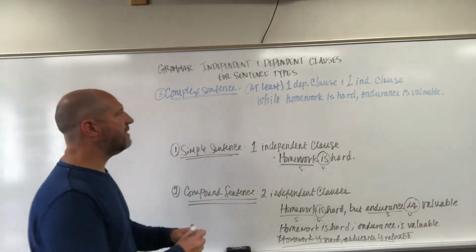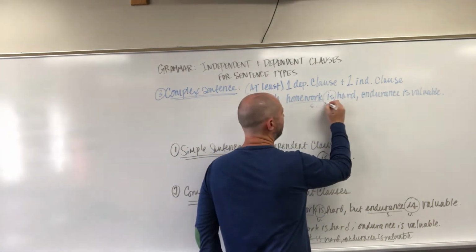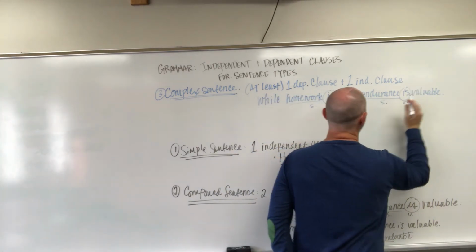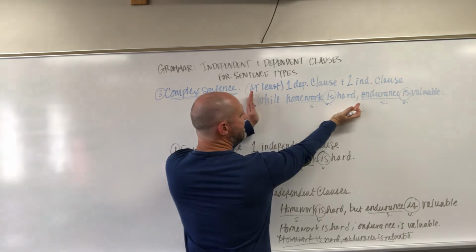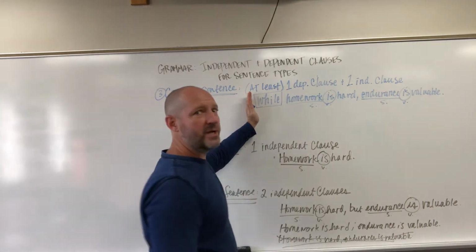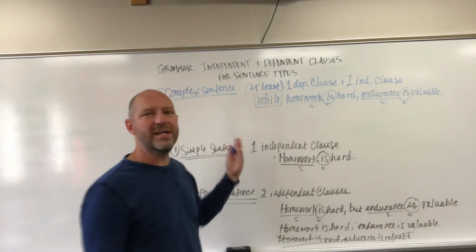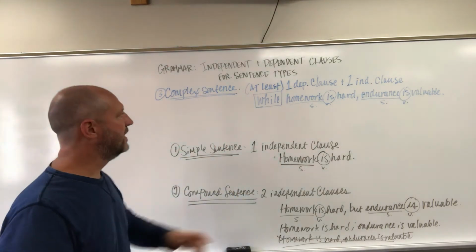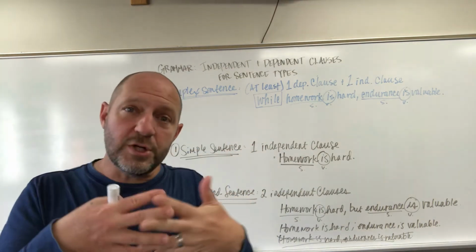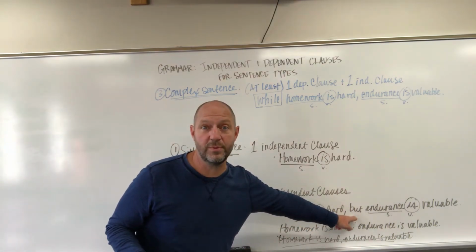And we still have homework is subject verb, and we have endurance is subject verb. However, this one is now different because of this, which is known as a subordinating conjunction. Yes, that is a big word, and we might talk about it later. Essentially it's a subordinate conjunction. What do conjunctions do? Conjunctions put two things together. Because we used a conjunction here to put two things together.